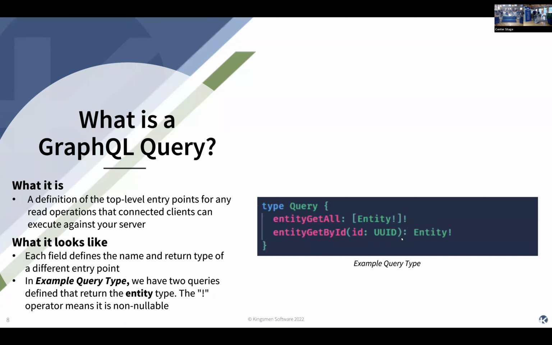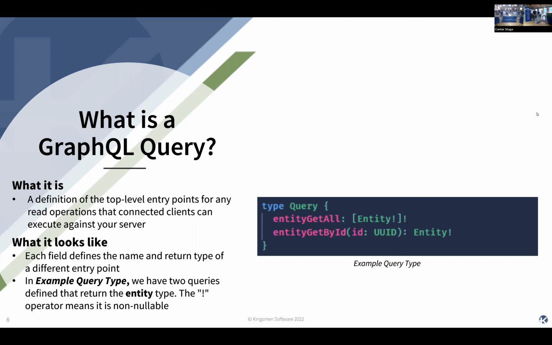Another really important thing to note on our example snippet is the exclamation operator at the very end designates that the return type is non-nullable. This is very important because with GraphQL, you can specify whether you want something to be required or not required. So if you see your schema and you see that it's designated with this operator, that lets you know that if you're writing a query against this API, you're going to have to pass in a value for that, right?